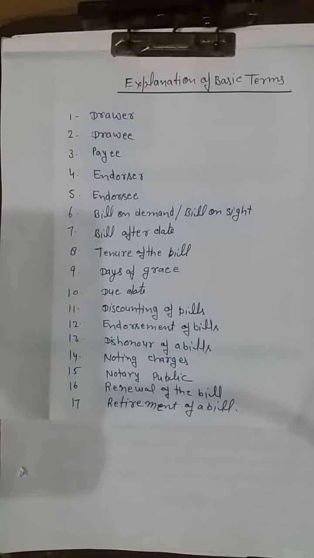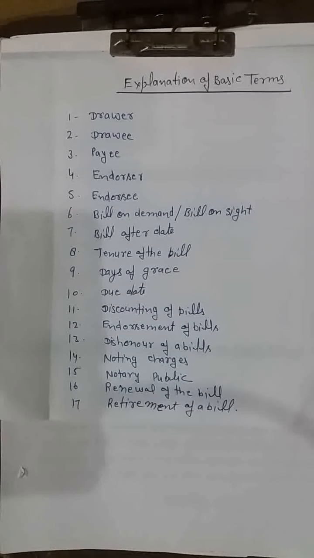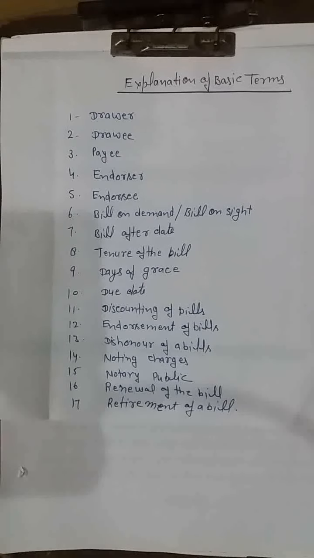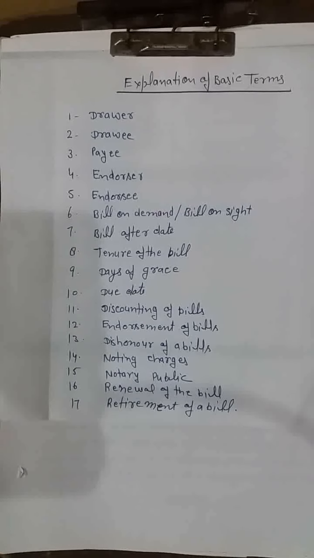Next आता है स्टूडेंट नंबर 4, एंडोर्सर। He is the holder of instrument, bill, note or check who endorses in the favor of another person. Number 5, endorsee. The person in whose name the instrument, bill, note or check has been endorsed is called the endorsee.